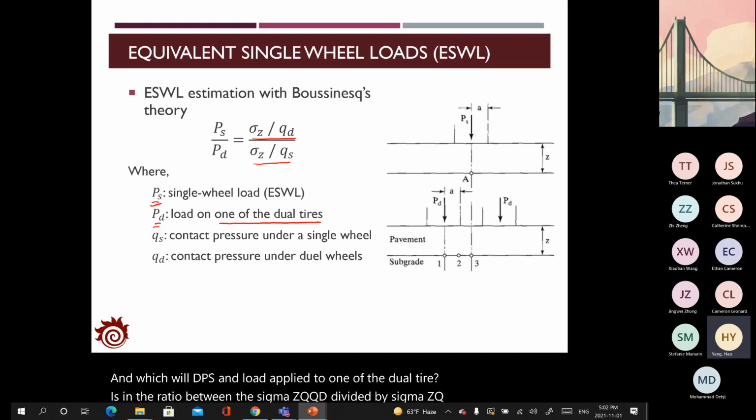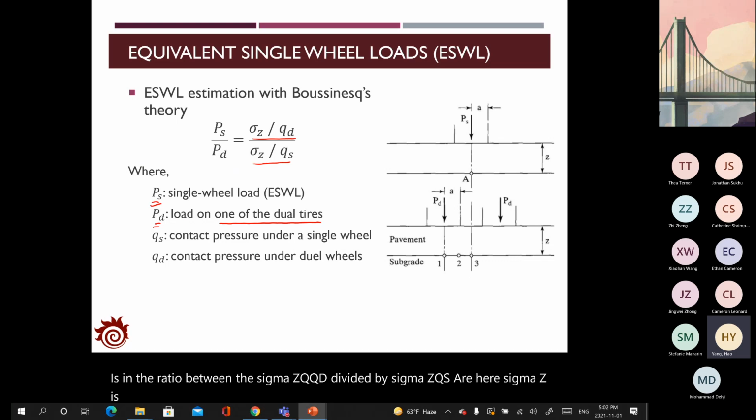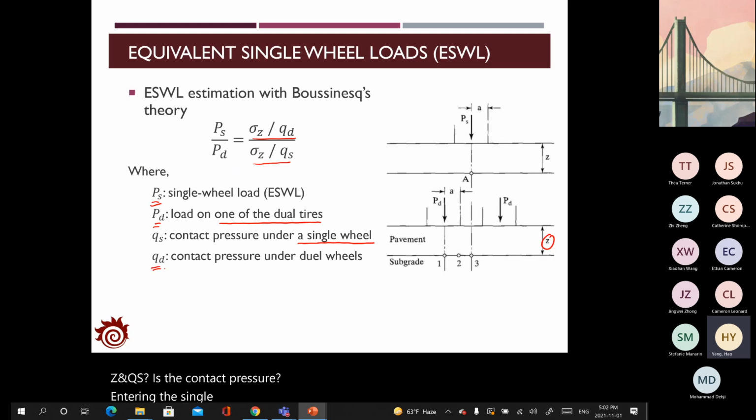Here sigma z is the vertical stress applied at the depth of z, and QS is the contact pressure under the single wheel, and QD is the contact pressure under the dual wheel.